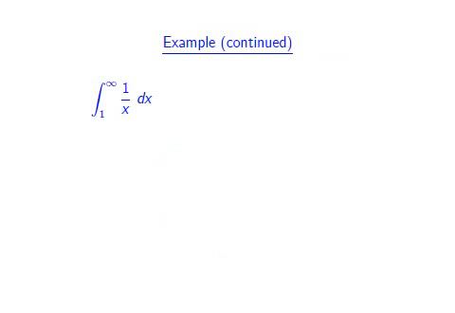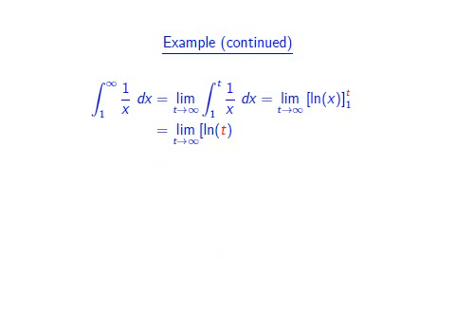So let us calculate that integral. It is the limit for t going to infinity of the integral from 1 to t taken over the function 1 over x. Now the integral of 1 over x is the natural log of x. This yields the ln of the upper bound t minus the ln of the lower bound 1. Since the ln of 1 equals 0, we are just left with the following limit.